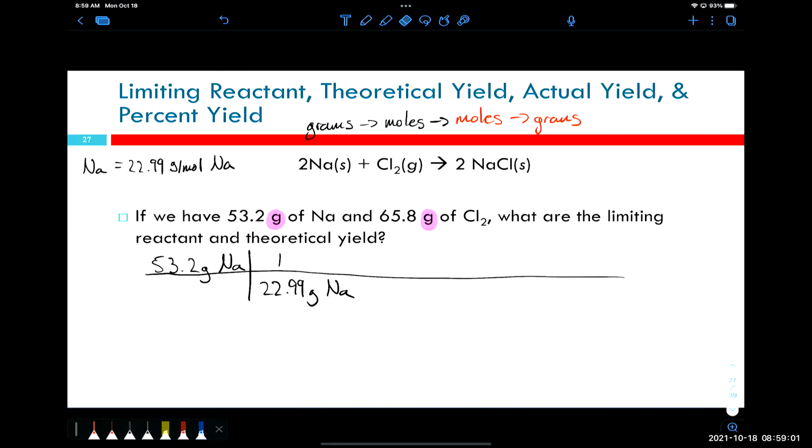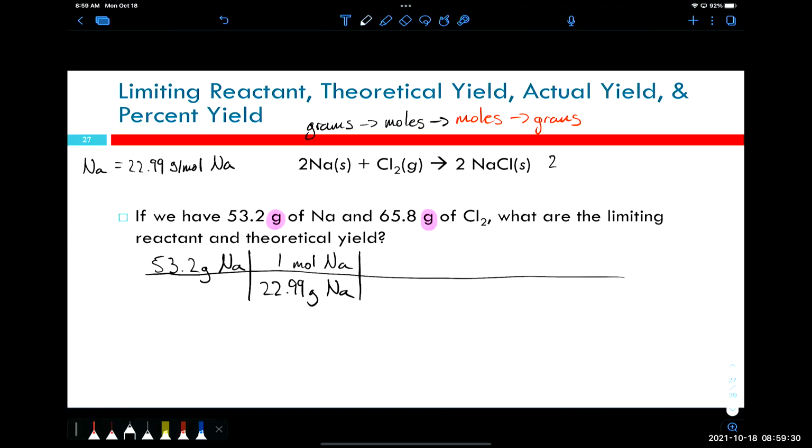So, 1 mole sodium. And then we've now gone from grams to moles of sodium. And we're looking for a theoretical yield, so we're converting it to the product. So now we're going to go from moles of sodium to moles of our product, which in this case is sodium chloride.